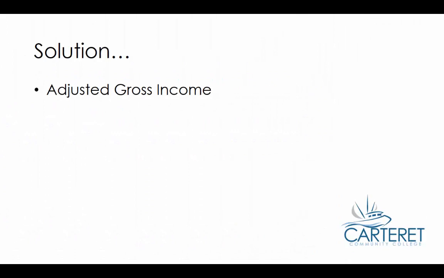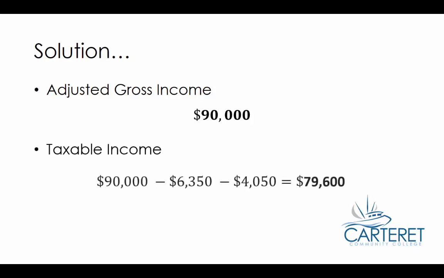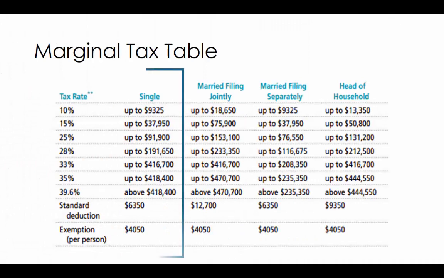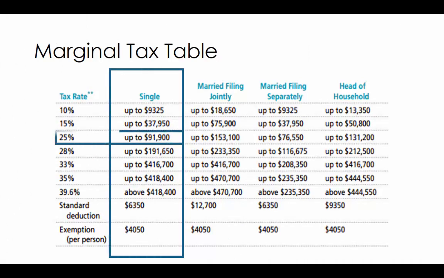Remember, her adjusted gross income was $90,000. Deidre falls in the 25% tax bracket since her taxable income is $79,600.